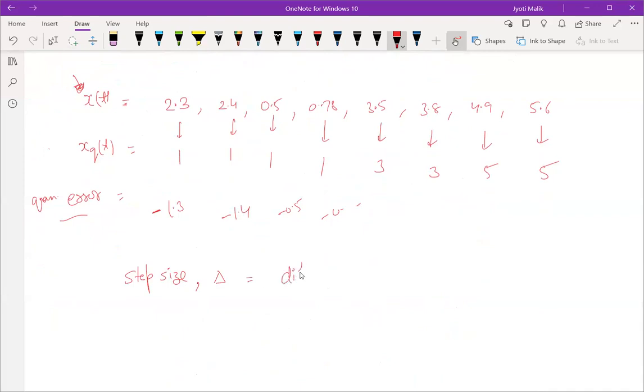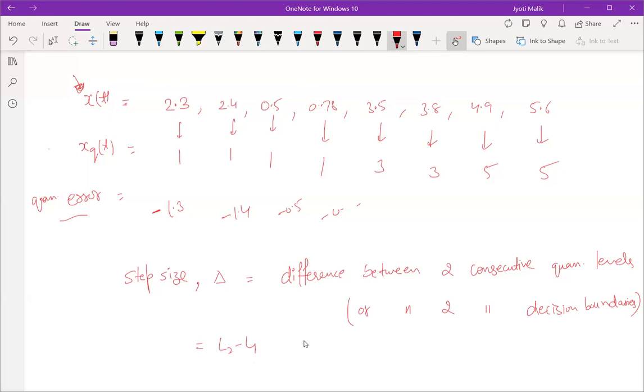It is the difference between two consecutive quantization levels, or between two consecutive decision boundaries. It is the same thing. So I can write it as L2 minus L1, or L3 minus L2, or L4 minus L3, anything will be fine. So this is the step size.